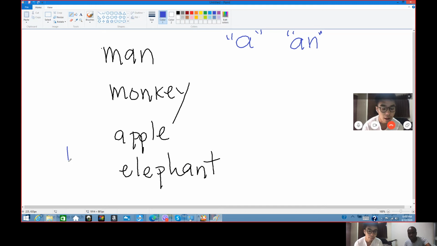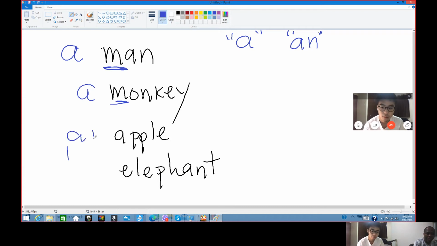We say a, because it starts with a consonant. Listen to the next word. Rule number 4. The next one is monkey. Next one, apple: an, because it starts with a vowel. And elephant starts with a vowel. So now we'll finish with the examples.